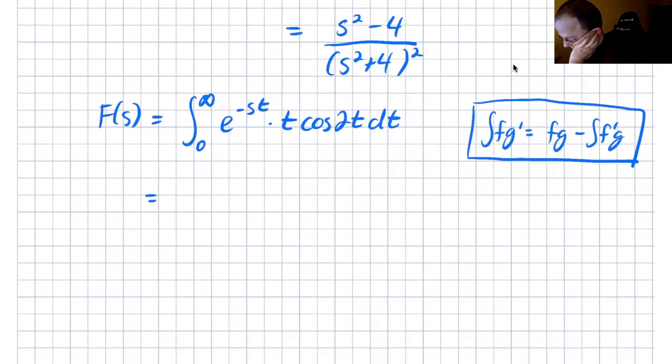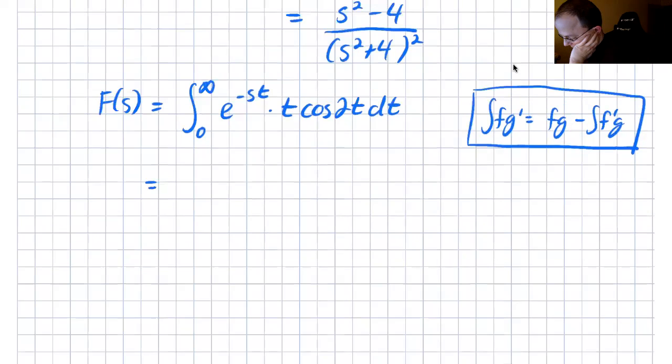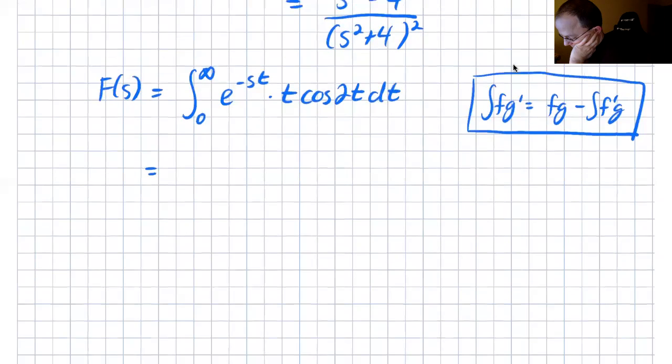G is the integral of this cosine 2t times e to the negative st. So that could be a little bit tricky, but let's see what happens. So maybe we need to know what this g value is first before we proceed.